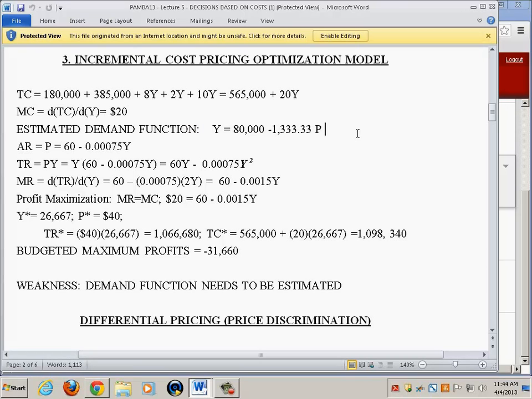Now, you know that the profit function is total revenues minus total cost. You can set up the maximization by asking how many car days I have to sell to maximize profits.